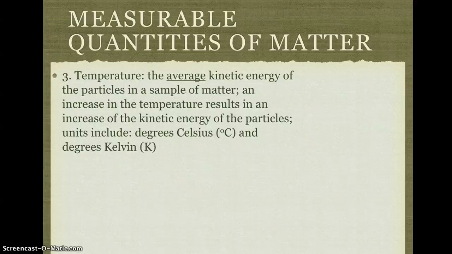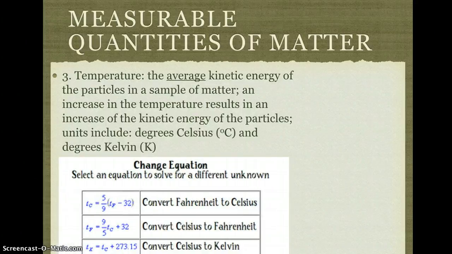We take all the particles that are in the sample, and take the amount of kinetic energy they all bring, and then average those up, and that's how the temperature is determined. If we increase the temperature, that means that the kinetic energy of the particles has increased, at least on average. Our units here are degrees Celsius or Kelvin.